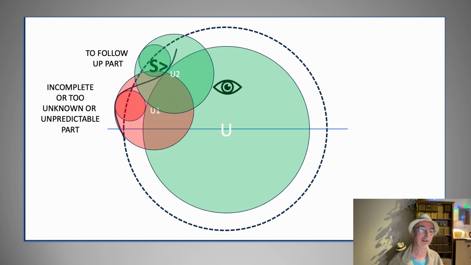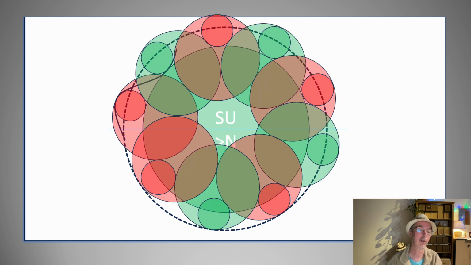What you have with the sun is, of course, that there was also there the part that you don't see and the part that you sense. Part that you don't know where it comes from, and the part that you can, in a way, follow up. The unpredictable and unknown part and the to follow up part. If you would express that in the full circle of all what we sense, we have, of course, this whole frame.